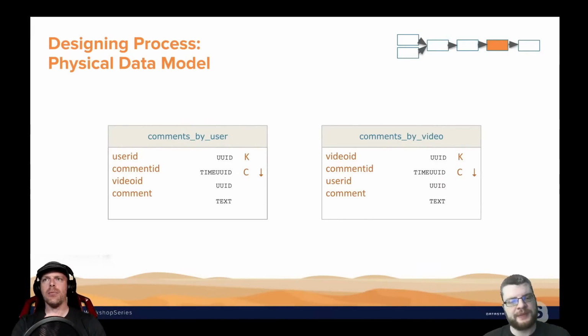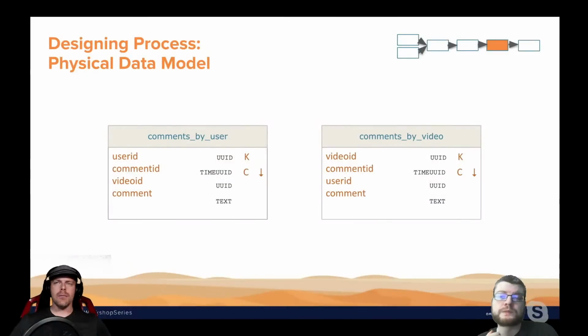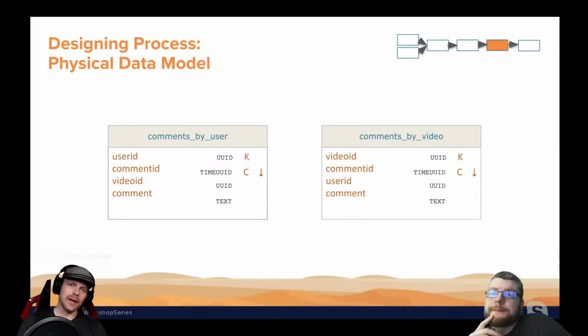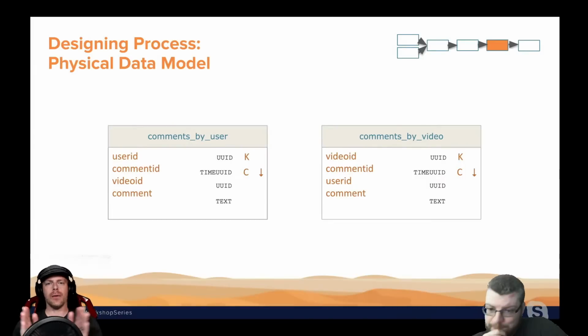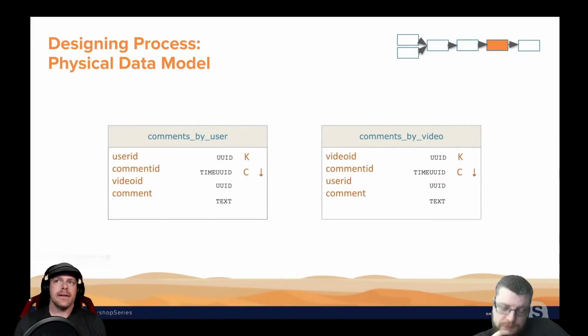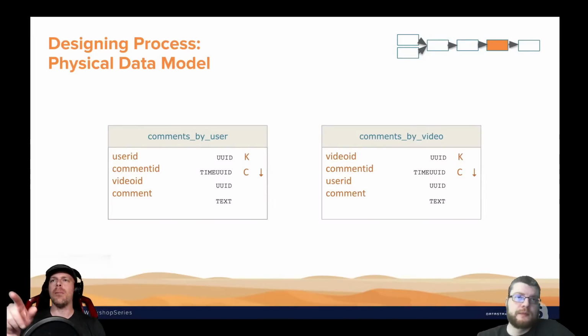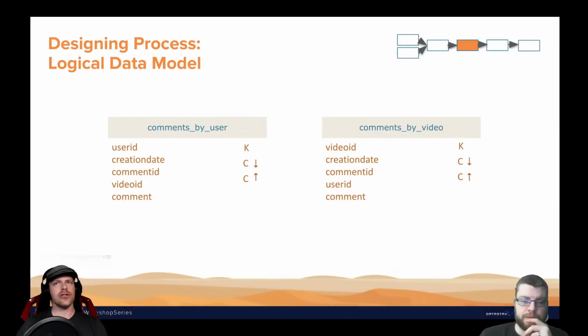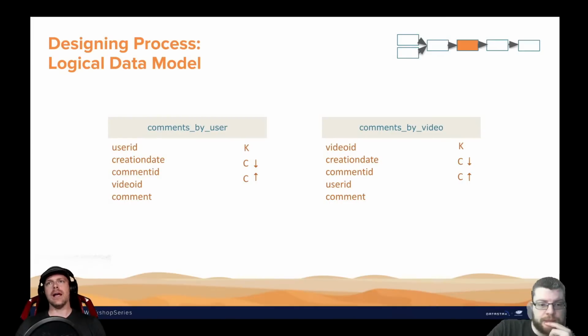And just a point of clarification on that one. What Eric just showed you, going from the logical data model where we had previously both a timestamp field and a UUID field, then in the physical where we essentially optimized them down into a single time UUID, that's actually really cool. But if you could go back a slide, if you implemented your table the way that Eric is showing now with both creation date and comment ID, that wouldn't be technically incorrect.